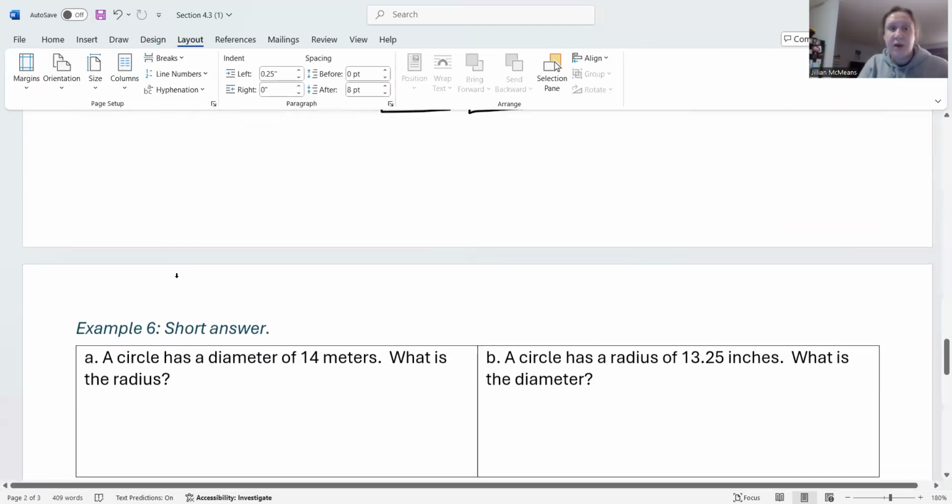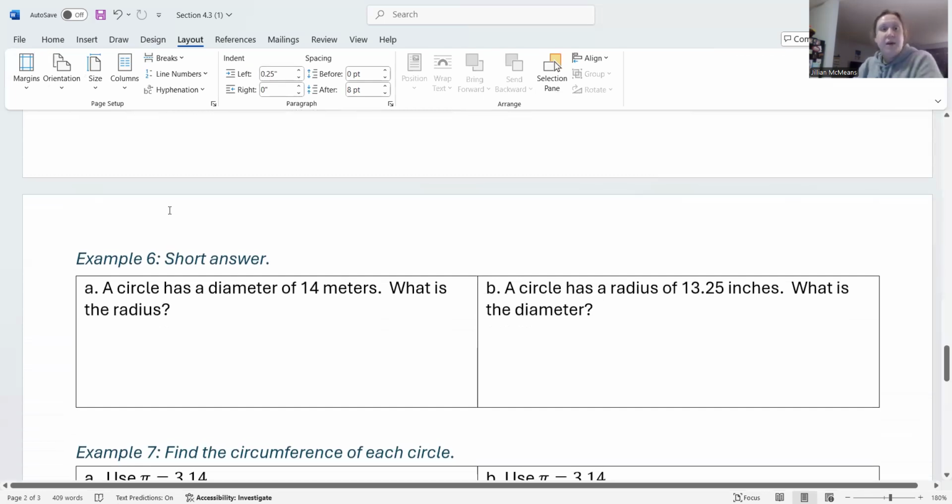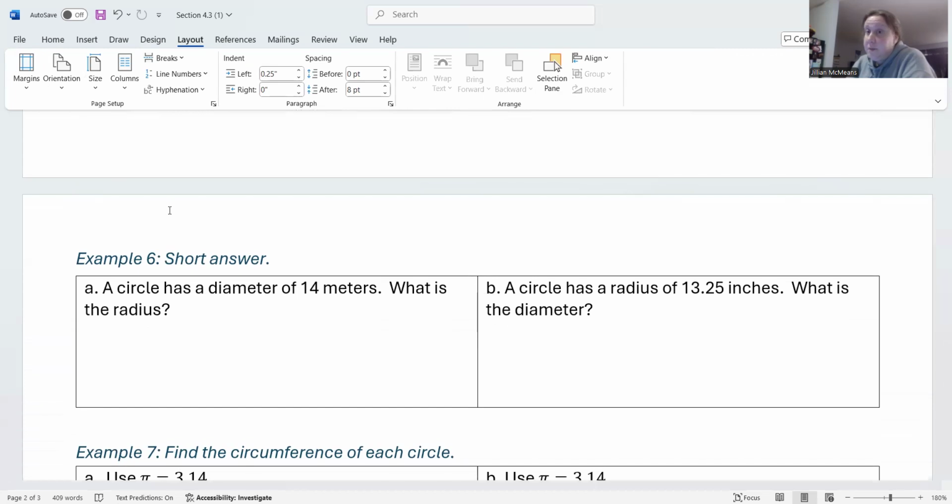For the first example, I've just titled it short answer. For part A, it says a circle has a diameter of 14 meters. What is its radius? So imagine a circle, and through the center we have the diameter, and we're told that the diameter is 14 meters. Well, the diameter is the distance all the way across the circle.